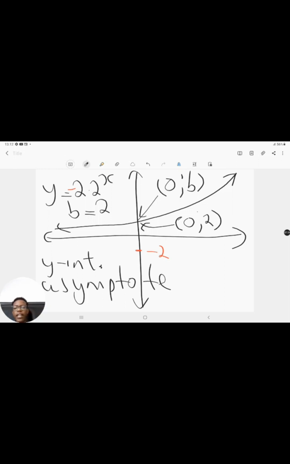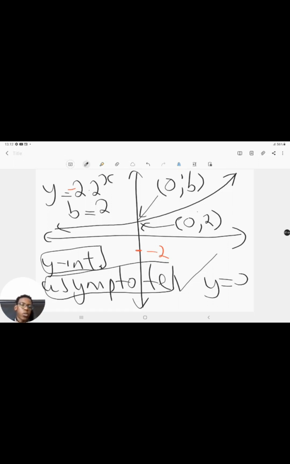I did say in the previous video that b changes the y-intercept, but it doesn't change the asymptote of the original graph. The asymptote stays at y is equal to 0, so that doesn't change, but the y-intercept changes.